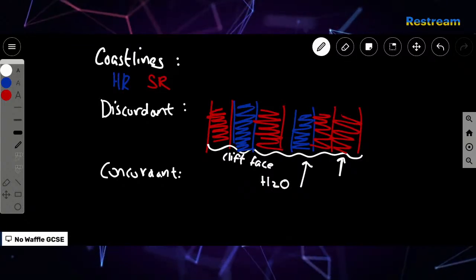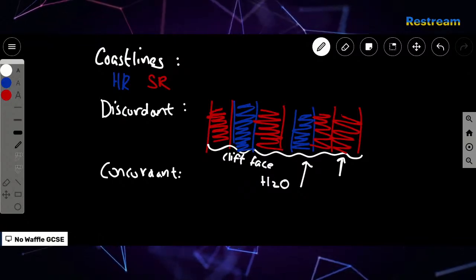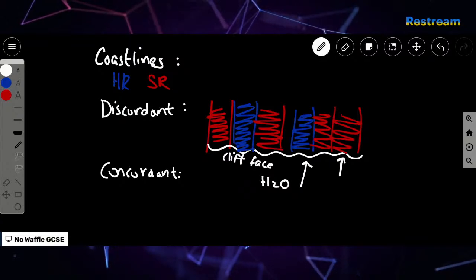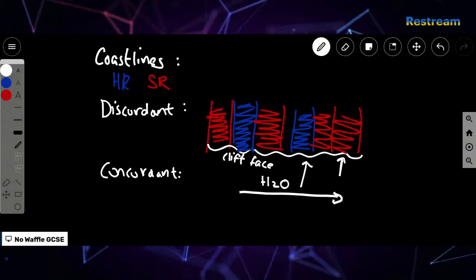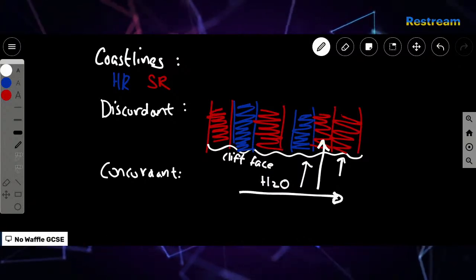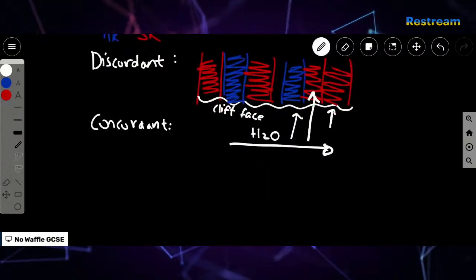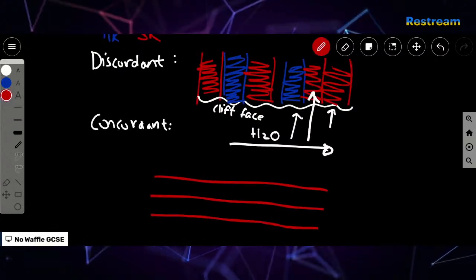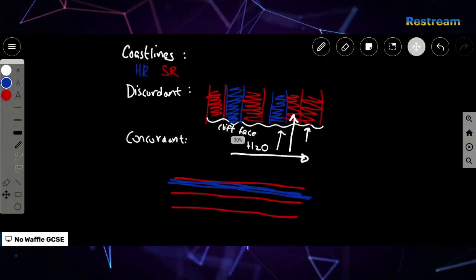Now, concordant coastlines form when the alternating bands of hard rock and soft rock are parallel to the sea. In the diagram you can see that the sea is going this way and the alternating bands of rock are at 90-degree angles, so they're perpendicular. Whereas on concordant coastlines, the alternating bands of rock are parallel to the direction of the sea.